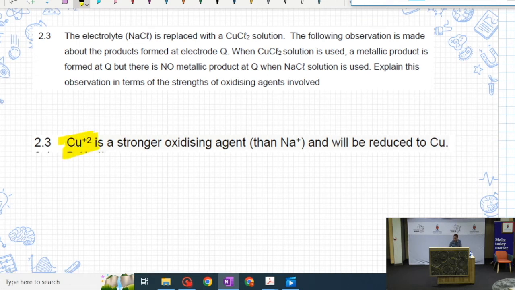When they are reduced, they're going to form copper solid. We say that the copper 2+ ions are stronger oxidizing agents than the sodium ions, and therefore they're going to be reduced to copper. Okay, and that is the reason why we have the solid forming on the electrode. Are we happy? Are there any questions?